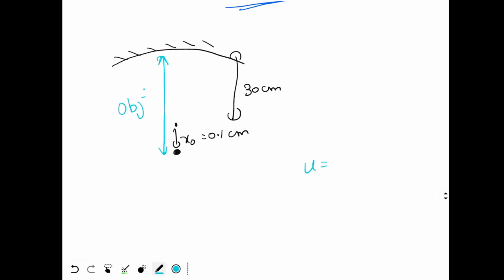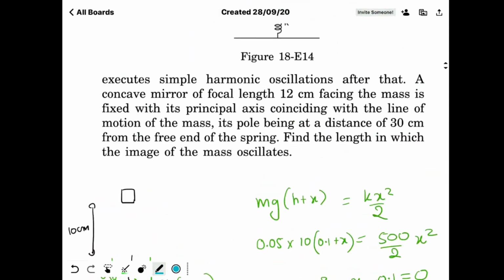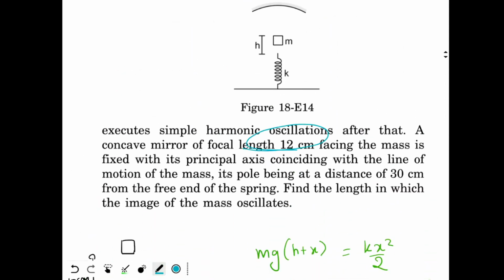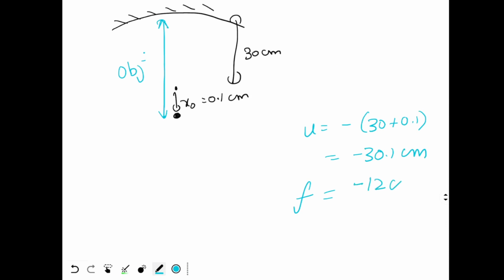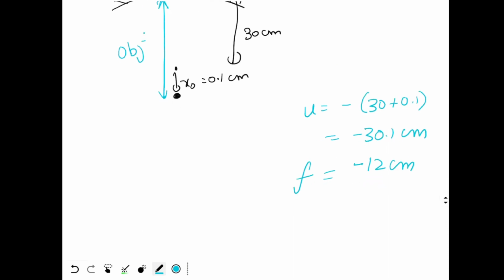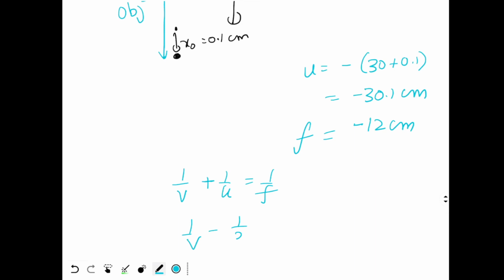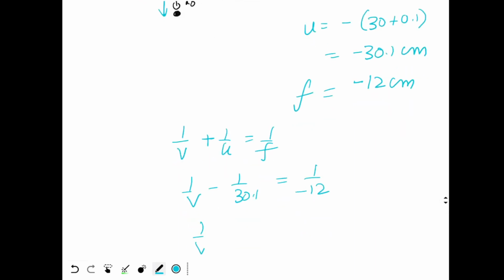Okay, so u equal to minus of 30 plus 0.1, so minus 30.1 centimeter. Focal length of the mirror is given to be 12 centimeter, minus 12 centimeter. So I can find position of image. So 1 by v plus 1 by u equal to 1 by f. So 1 by v minus 1 by 30.1 equal to 1 by minus 12, or 1 by v equal to 1 by 30 minus 1 by 12.